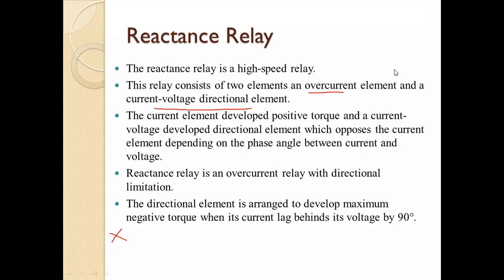The current element develops positive torque, and the current voltage directional element opposes the current element. This current voltage directional element is also producing torque, but there is some angle between these two torques, the torque produced by the overcurrent element and the current voltage element. A phase angle will be there.